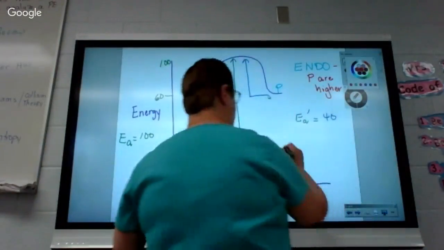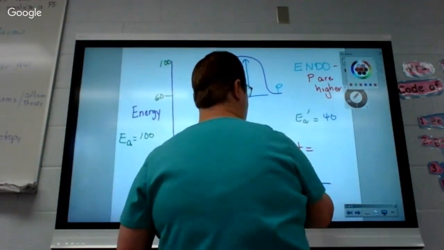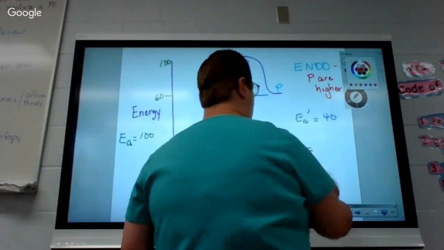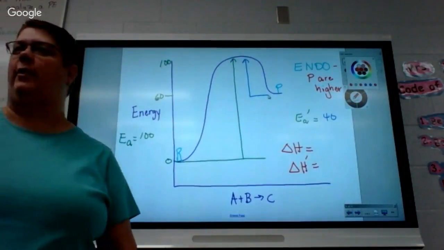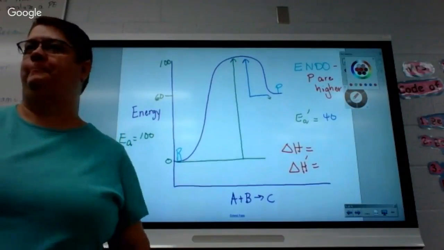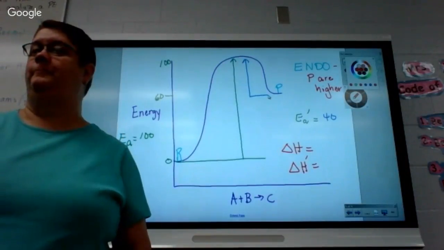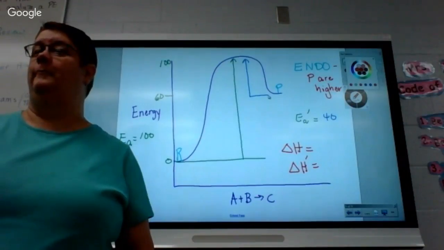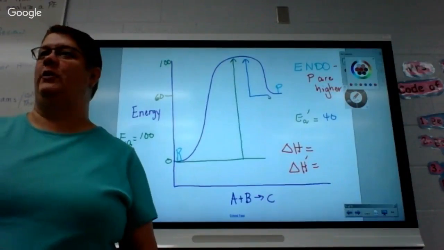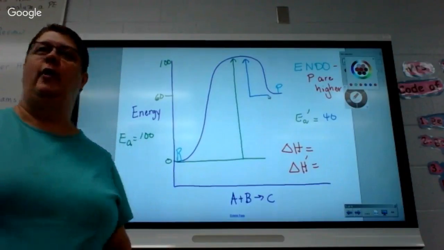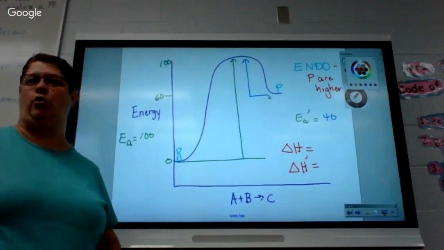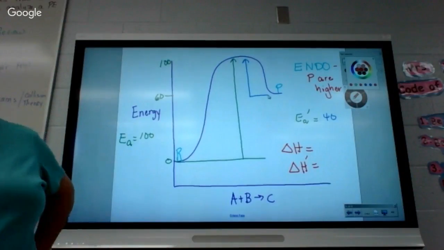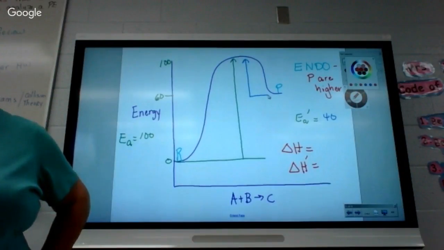So delta H. How do we find delta H? We need delta H and delta H reverse. Where's it come from? From the reactants and the products.